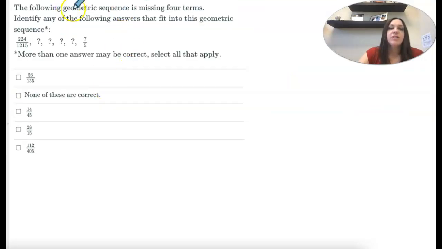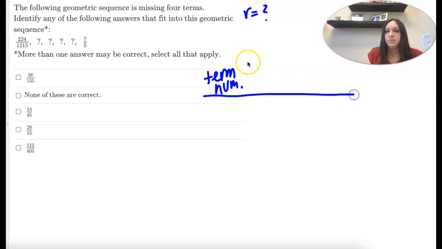Alright, the following geometric sequence is missing 4 terms. Identify any of the following answers that fit. More than one may be correct. So this one we have to set up an equation again because we don't know r, and we don't know the second term either. So you've got to think, if I start with term number 1, it's 224 over 1215.